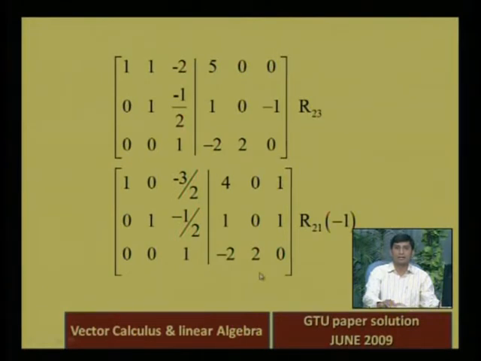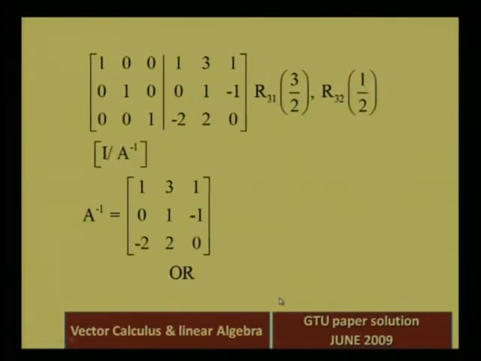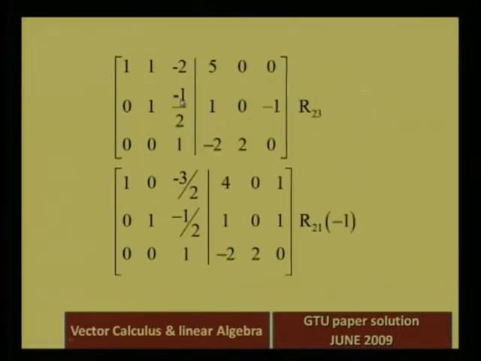We multiply the third row with 1 by 2. So 1 minus 2 into 1 by 2, that is 0 here.